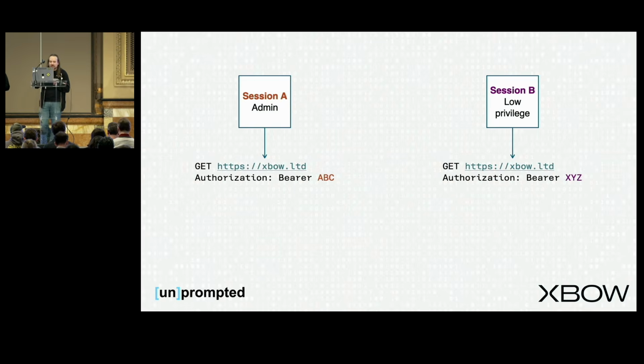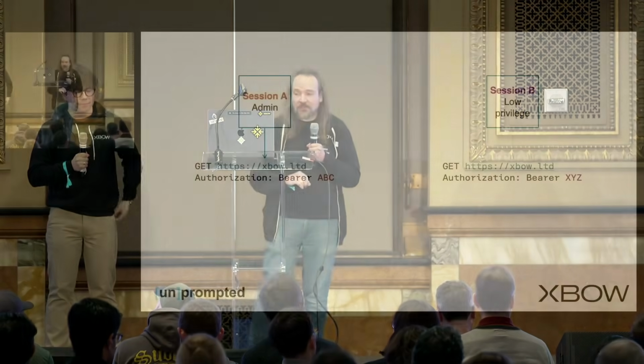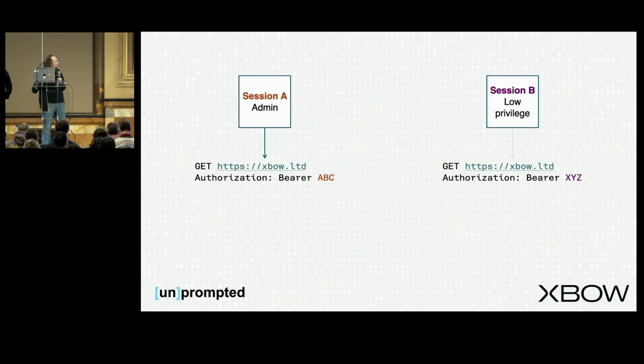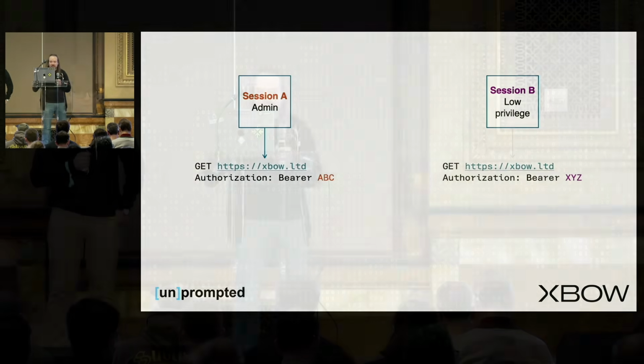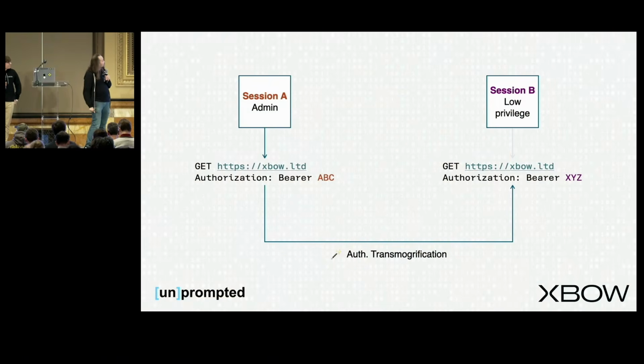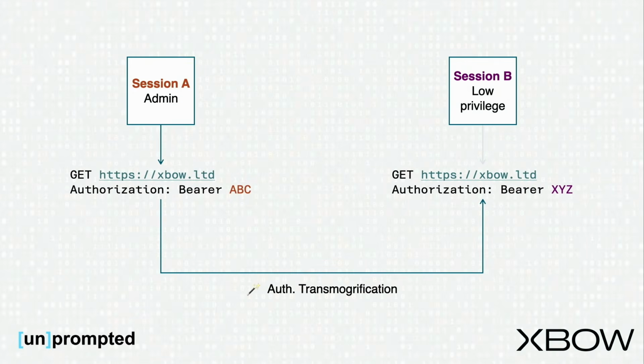But unfortunately, there's no guarantee that we can get something like that, right? Because if you just browse around as the low-privilege user, maybe you never even see the admin interface in the first place. And so what we want is some sort of magical transformation between the request as made from an admin context to a request as made from a low-privilege context, okay?